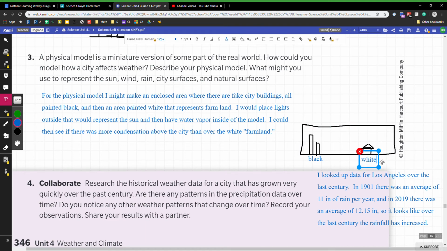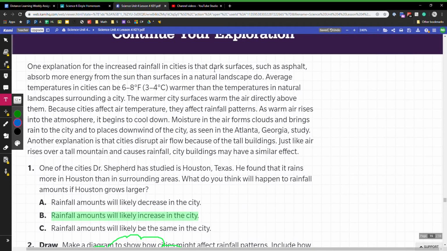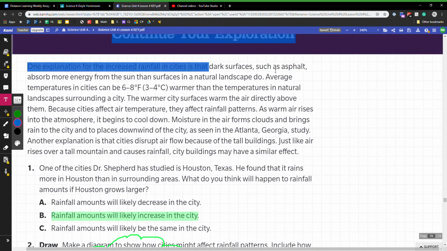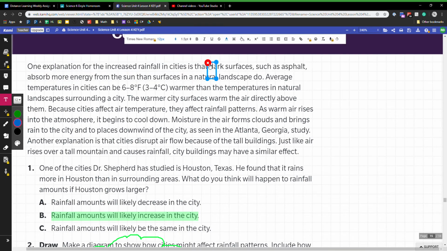Or you could actually just paint it how it would look, but I'm saying paint it black and white, because the black would increase the amount of energy that the city is absorbing and make it hotter. That's what it talks about here, the darker surfaces. It says dark surfaces such as asphalt absorb more energy. So I'm thinking just go to the extreme for a little model.